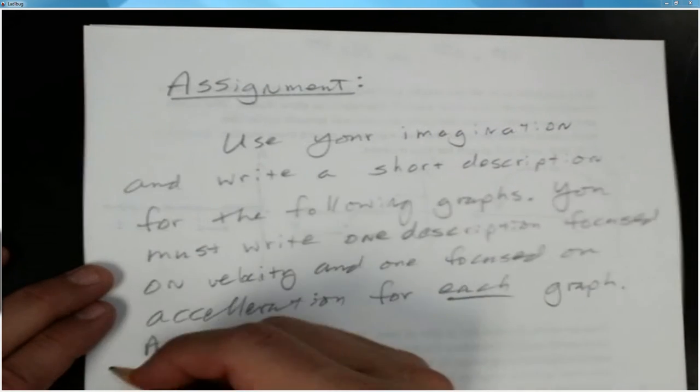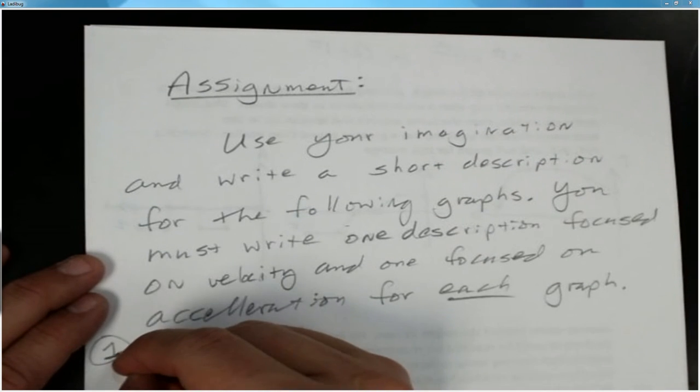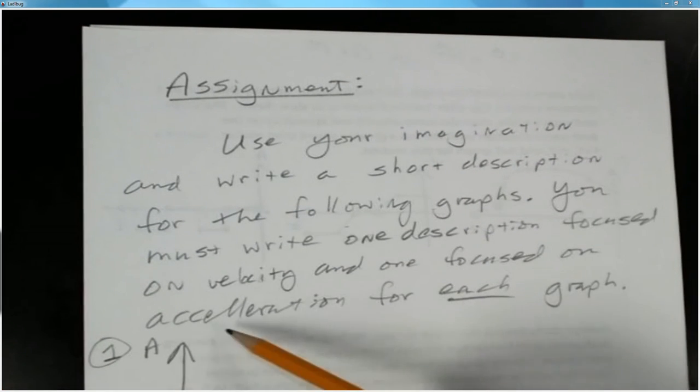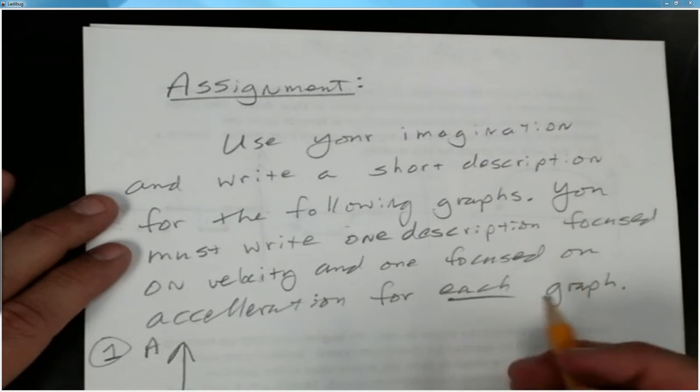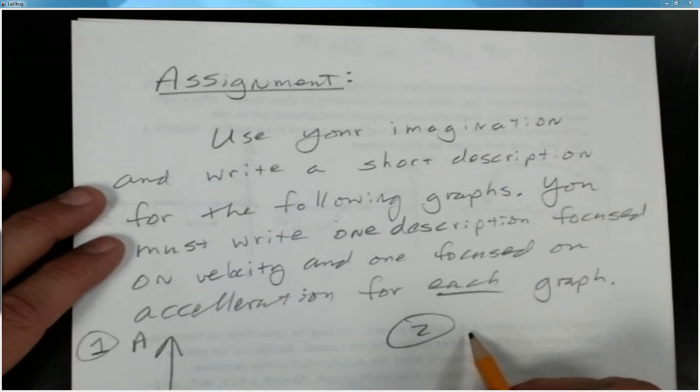So that's the first graph. You have to make a description that talks about this motion in terms of acceleration, and a description that talks about this motion in terms of velocity. And then there's this one.